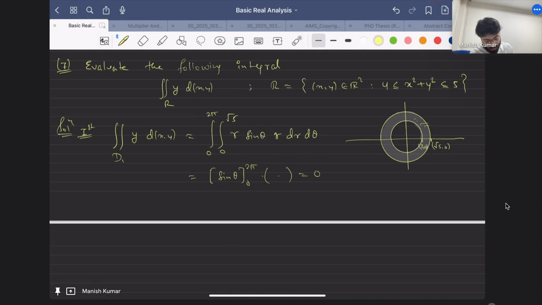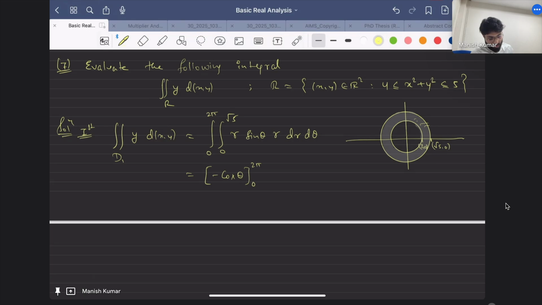So y would be r sine theta, r dr d theta. In case you want to just verify it, what will we get here? So this would be minus cos theta, right? And then 0 to 2 pi. But again, the same thing would come. It's a periodic function, so anyway, it's not going to help.